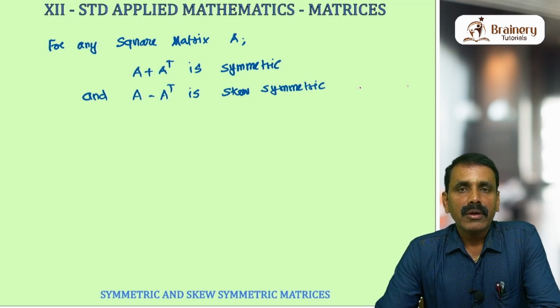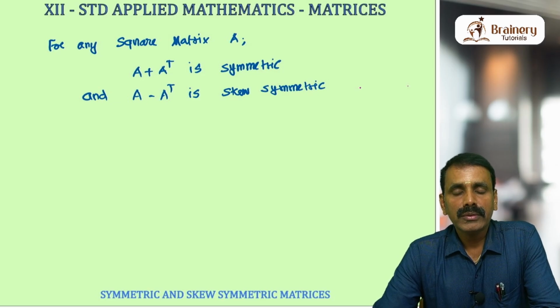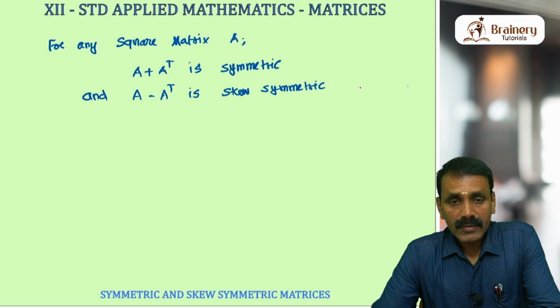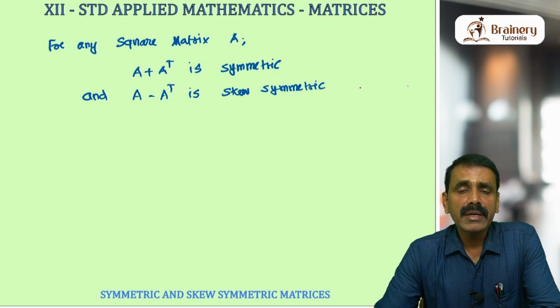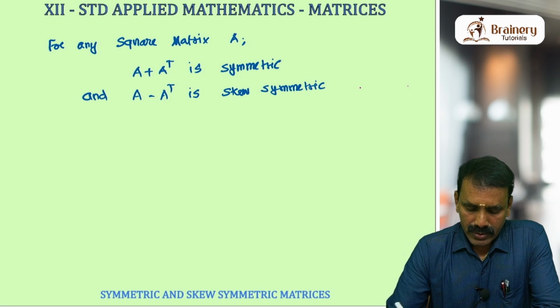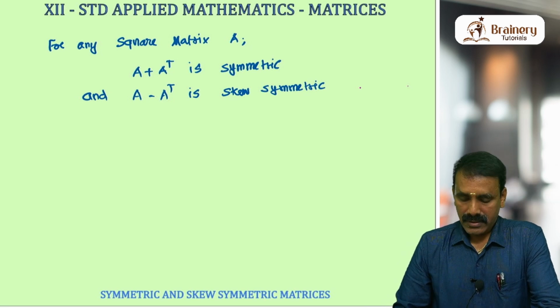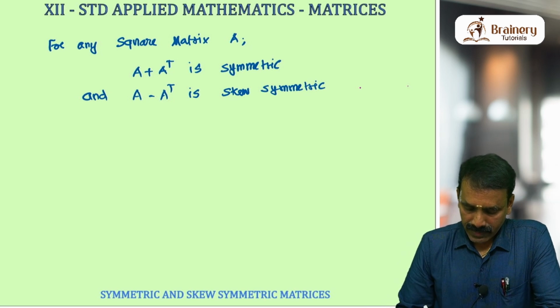Now using that concept, that the sum of a square matrix and its transpose is symmetric and A minus A transpose is skew symmetric, we are going to write a very important formula.